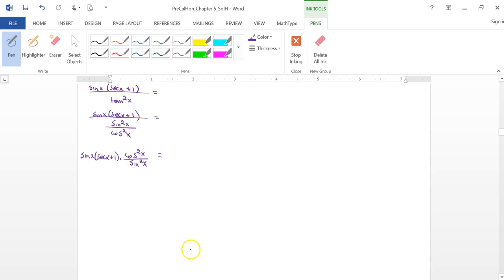So now one of the sines cancels. At this point, now let's distribute the cosine squared. When I do that, I have cosine squared x secant x plus cosine squared x, all over sine x.